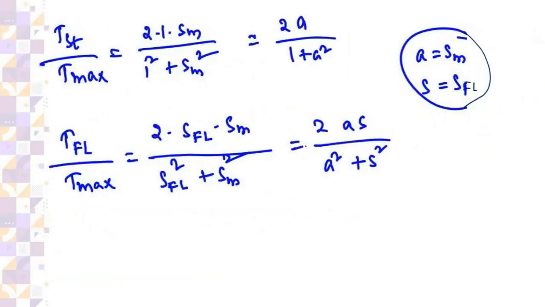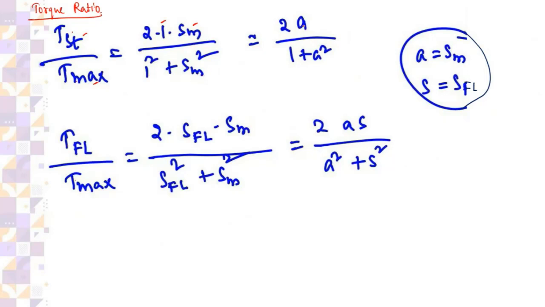And there are some torque ratios also. That is starting torque to maximum torque, full load torque to maximum torque. You just remember starting slip is 1, and the slip at maximum torque is Sm. So it is simply 2 into 1 into Sm divided by 1 square plus Sm square.